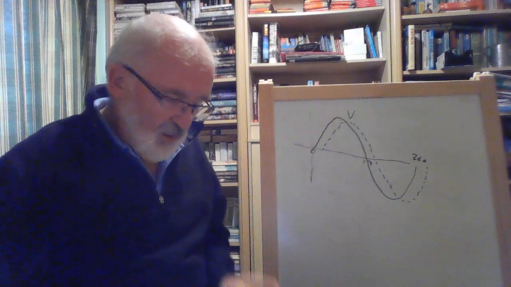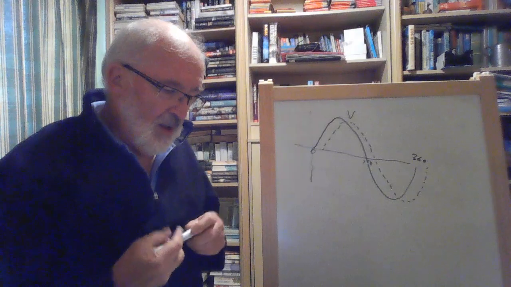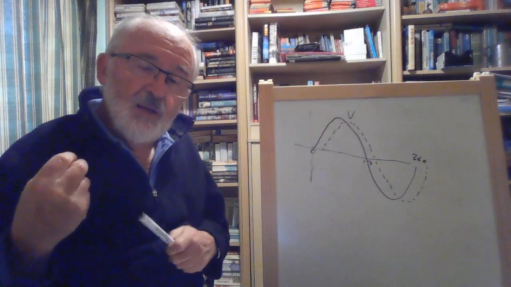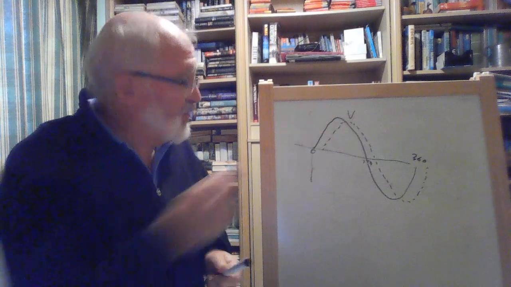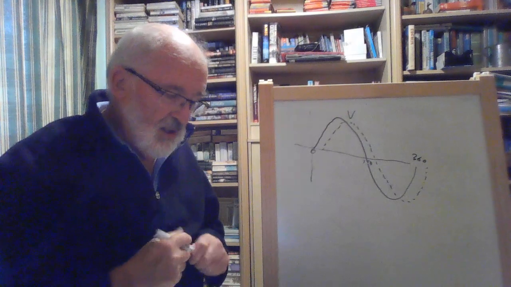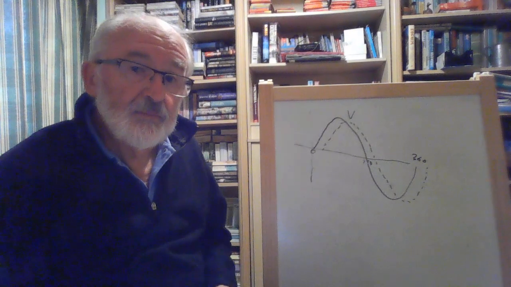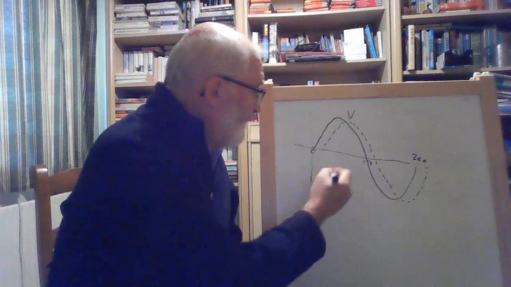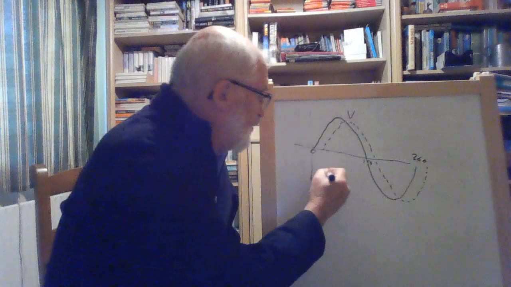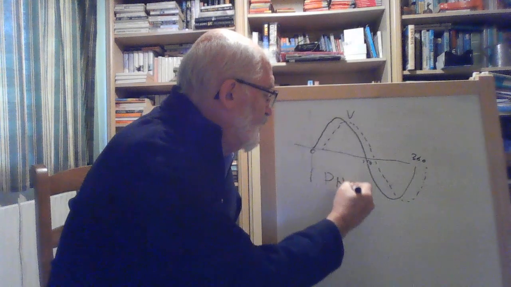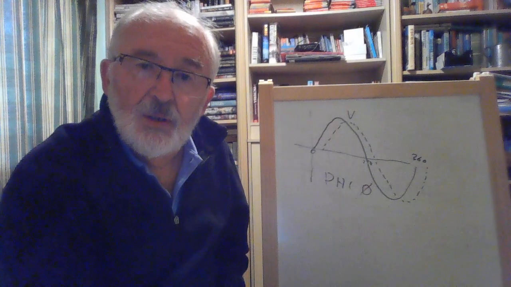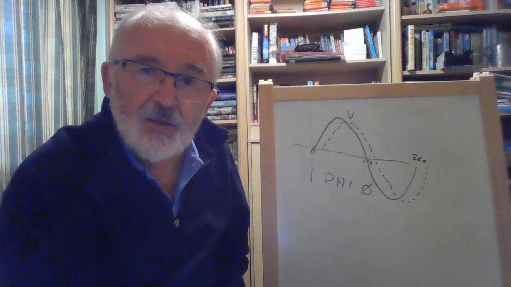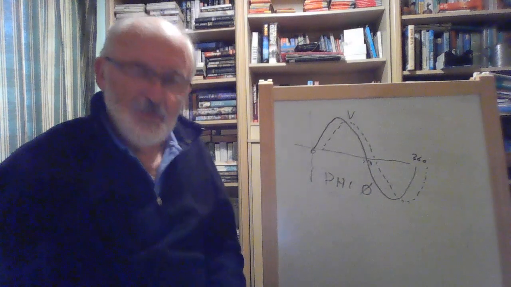We give the angle of lag between the phase voltage and the phase current the symbol phi. Okay, it's just a Greek letter we use, and we'll see why that's important in a little while when we start looking at power factors.